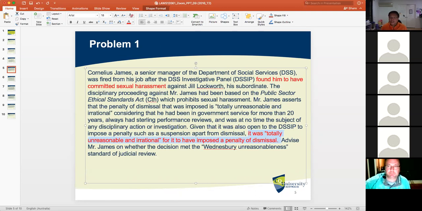The question is, would that decision have met the standard of Wednesbury unreasonableness? If they disregarded the sterling performance and the absence of any wrongdoing or infraction on the part of Cornelius James, would that meet the standard of Wednesbury unreasonableness?